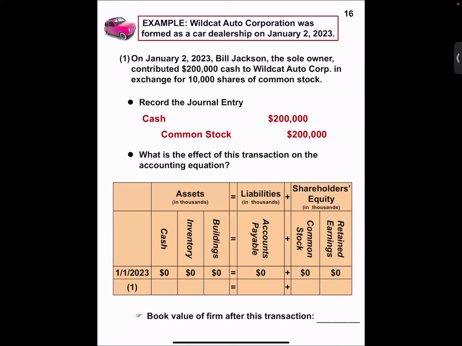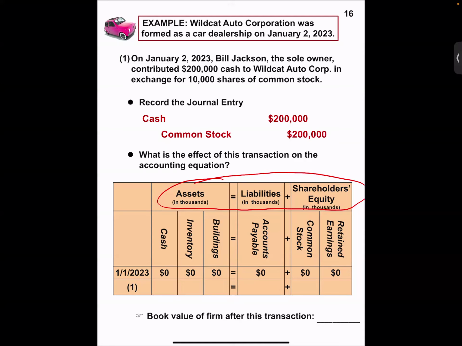For each of these events, we're going to look at what is the effect in the accounting equation. So down here, this little grid, we've got our accounting equation: assets equals liabilities plus equity. We've got to make sure that every journal entry that we record keeps the accounting equation in balance, that assets equals liabilities plus equity.